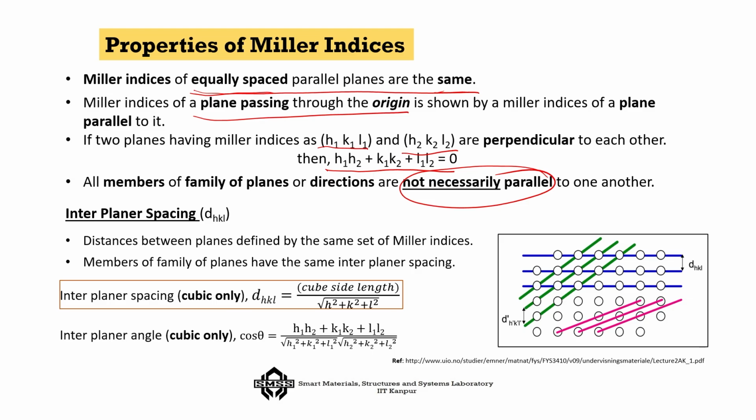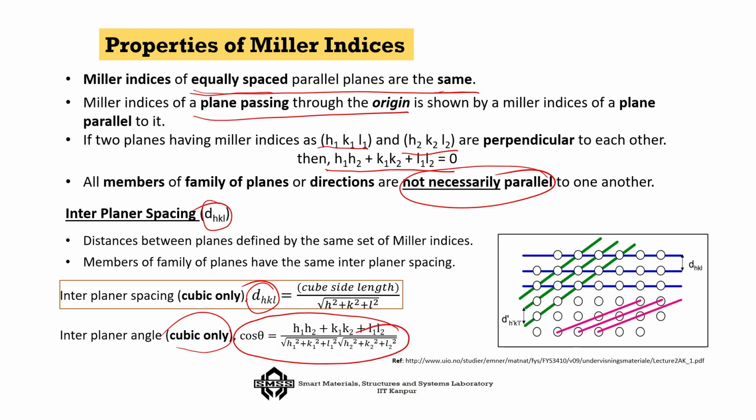Interplanar spacing plays a very important role. d_hkl is the distance between planes defined by the same set of Miller indices, and members of a family of planes have the same interplanar spacing. Interplanar spacing d_hkl for cubic is the cubic side length divided by the square root of h square plus k square plus l square, and the interplanar angle for cubic, cos theta, is defined by this relationship.